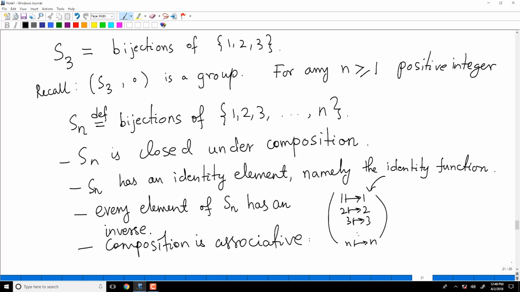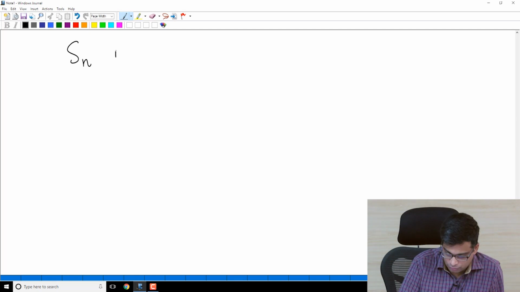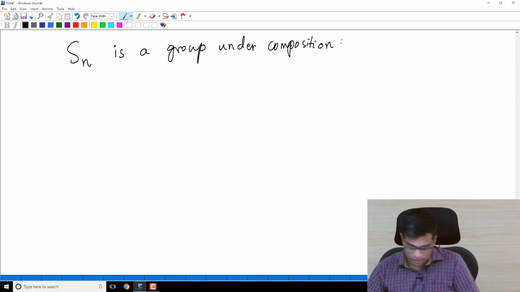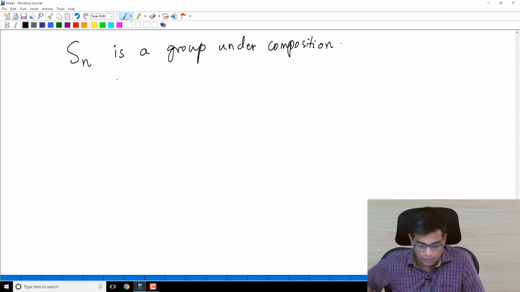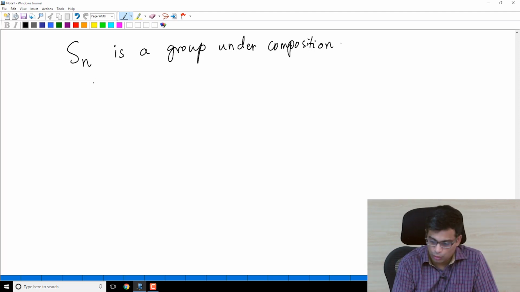So, in other words, Sn under composition is a group. Okay, Sn is a group under composition. We are going to spend in one of the future weeks a lot of time on understanding the group Sn.